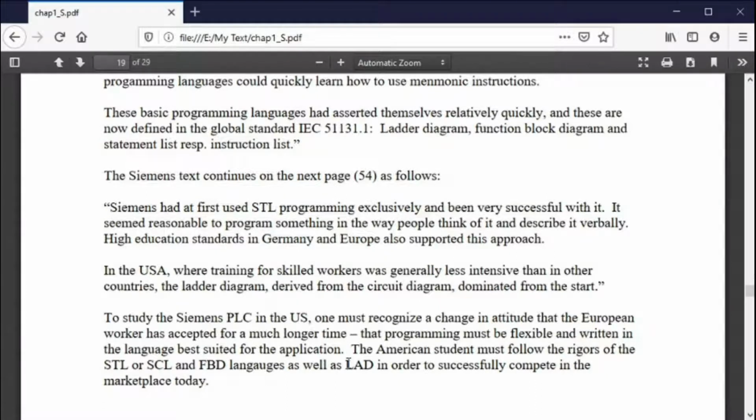So this Zankel fellow wrote, Siemens at first used STL, statement list, programming exclusively, have been very successful with it. It seemed reasonable to program something in a way people think of it and describe it verbally. High education standards in Germany and Europe also supported this approach. In the US, where training for skilled workers was generally less intensive than in other countries, the ladder diagram derived from the circuit diagram dominated from the start.